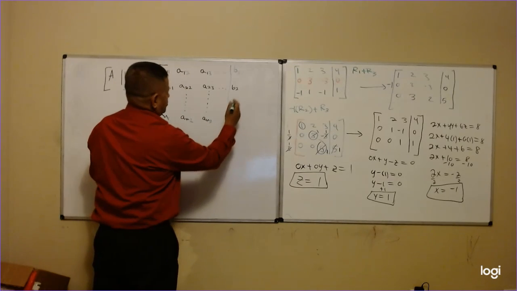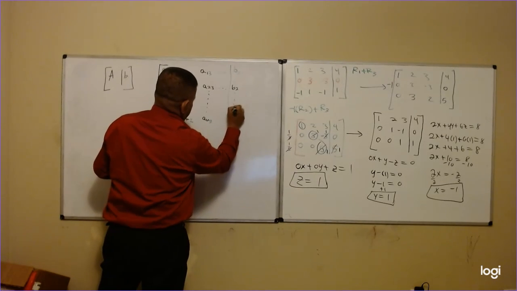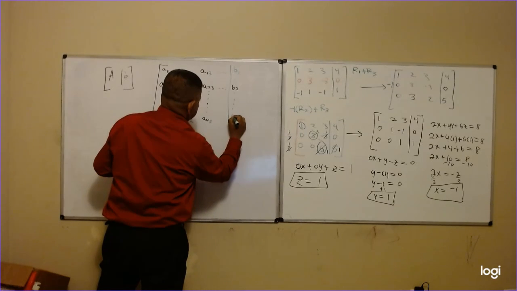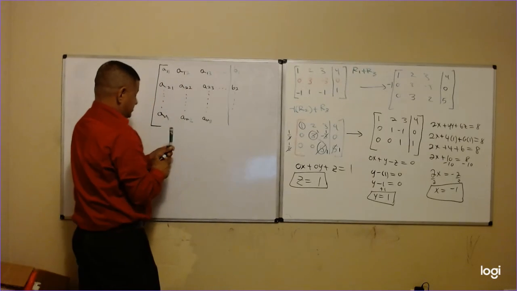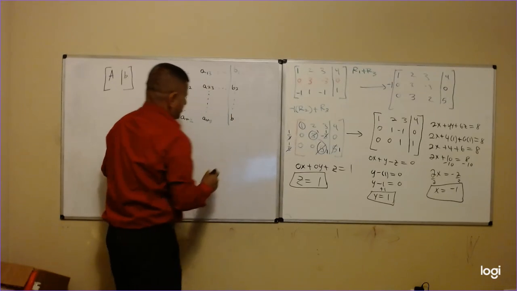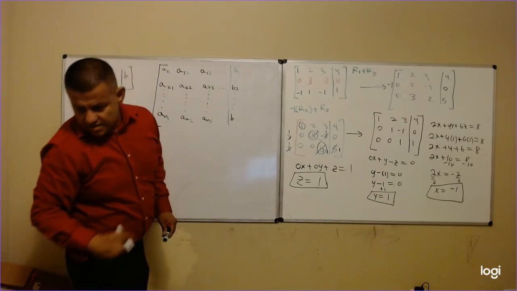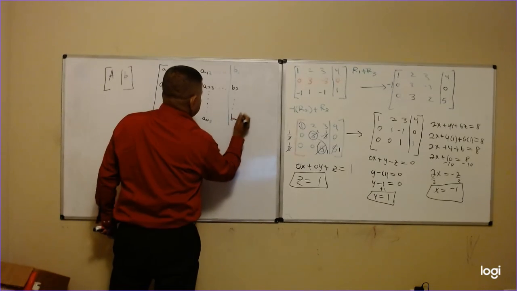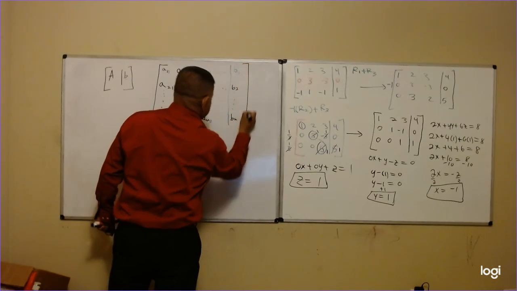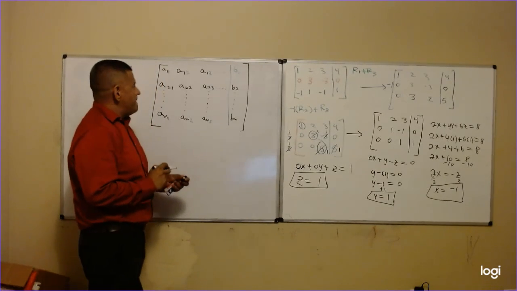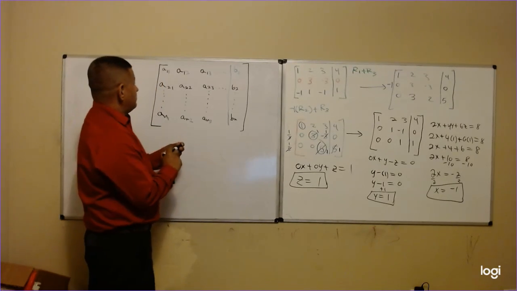And then of course here they have B. They have a B. I believe they have a BN. Yep, BN. So that will be the augmented matrix type.